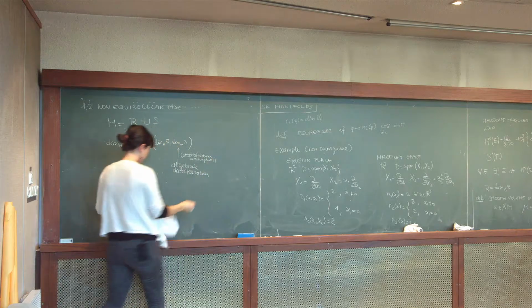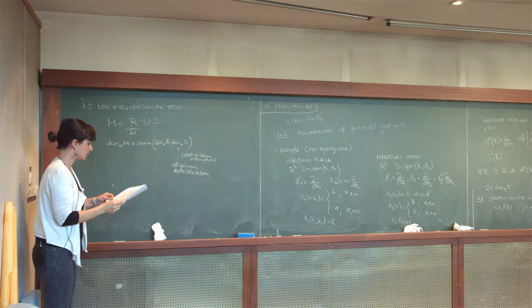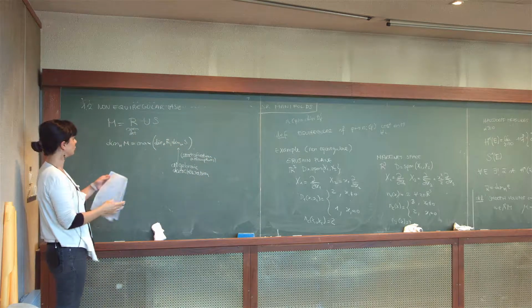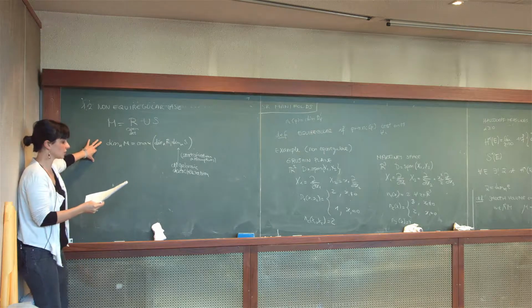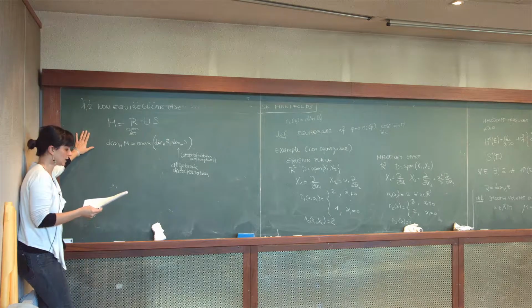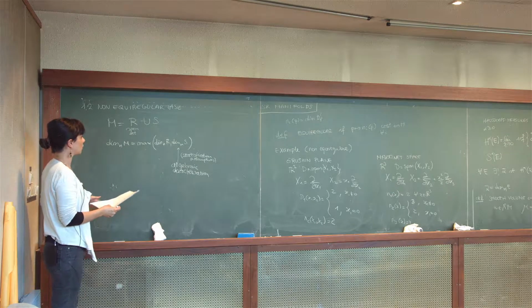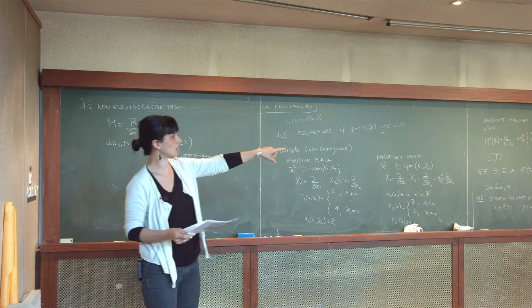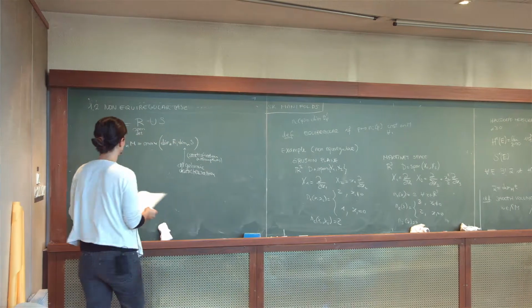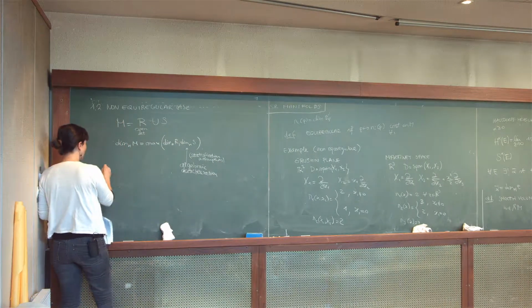So this is to say that we know how to compute this dimension. So we know what the Hausdorff volume is. How can we use that result in the non-equiregular case?